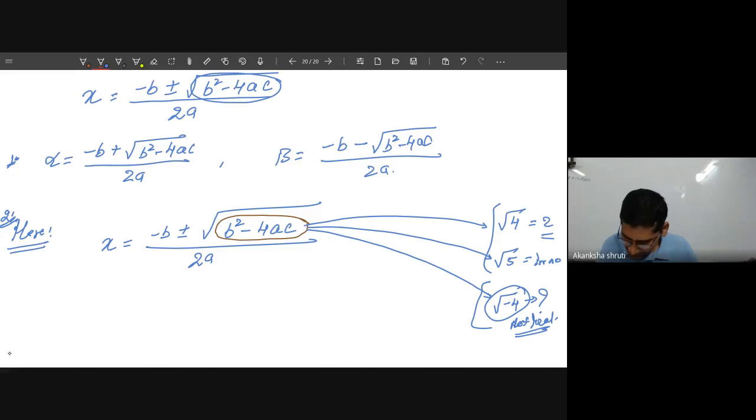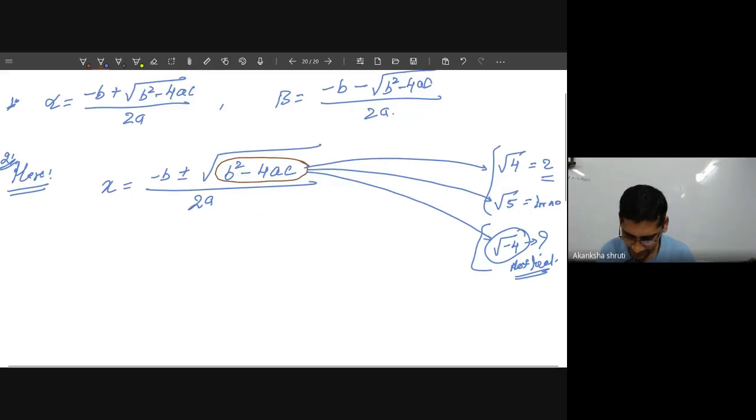The simplification of b square minus 4ac decides whether the root value is positive, negative, and so on. It means which kind of number is inside the root. And depending on that, we can say whether it is real or not real. Student, that is a very important thing.